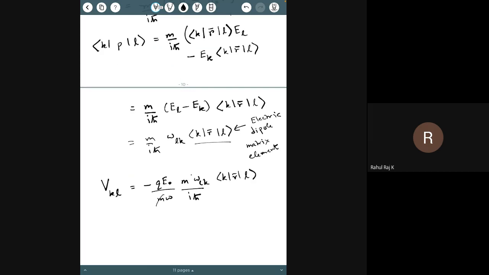Okay, so M is removed, and I can multiply with i, so minus becomes plus. QE0 omega LK by omega.